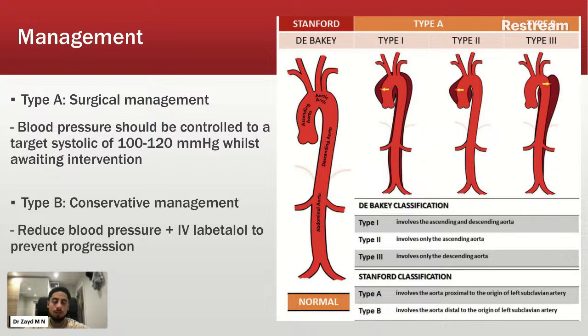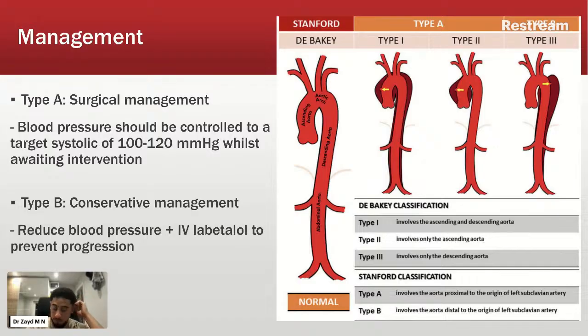Okay. Type 1 involves the ascending and the descending aorta. This also falls under type A. Type 2 involves only the ascending aorta. Whereas type 3, aka type B, involves only the descending aorta distal to the origin of the left subclavian artery.